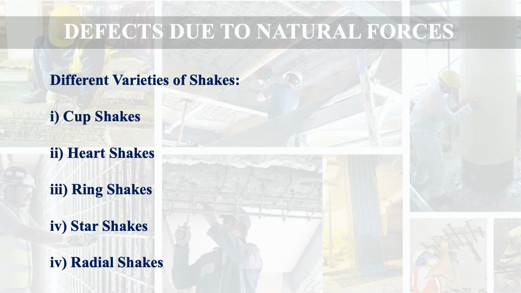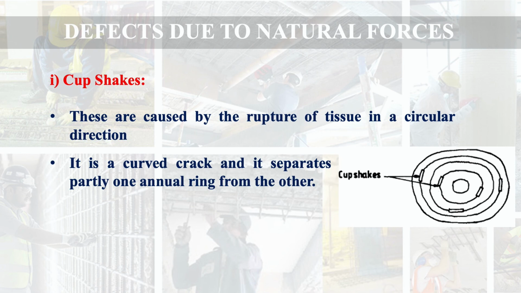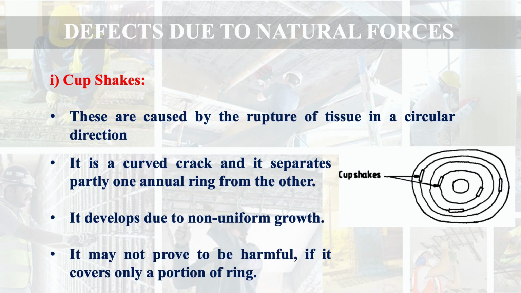So let us discuss first cup shakes. These are caused by the rupture of tissues in a circular direction. It is a curved crack and it separates partly one annual ring from another. It develops due to non-uniform growth of tree. It may not prove to be harmful if it covers only a portion of the ring.